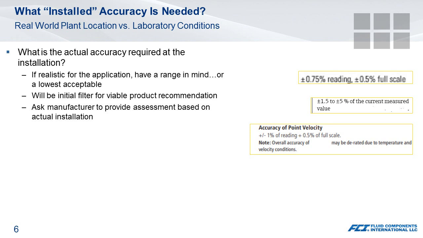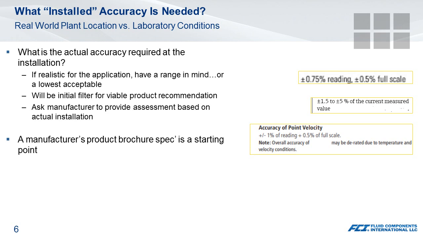All of us, FCI included, our product brochures are a starting point. They're good for comparing one product versus another in terms of its basic accuracy, but all of us specify the accuracy specification under ideal pristine laboratory conditions.